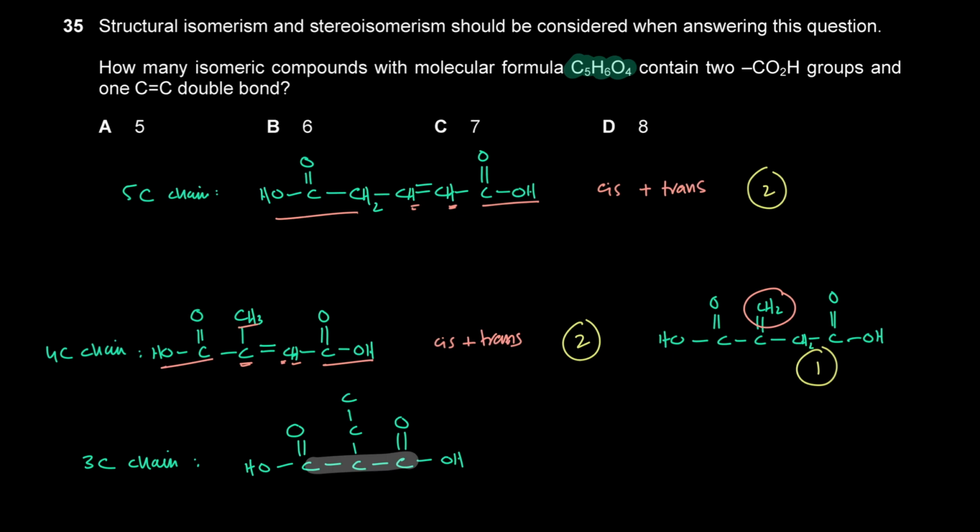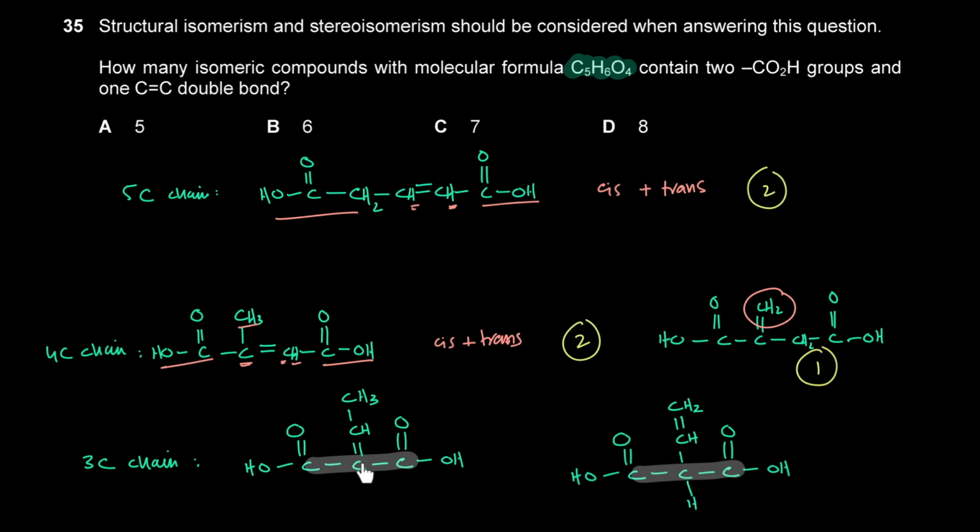So if we look at those two possibilities, one possibility is that we have a double bond here, then we have a CH and a CH3. And the other possibility is if we have a double bond here, then we have a CH2 here, a CH here, and then a hydrogen here.